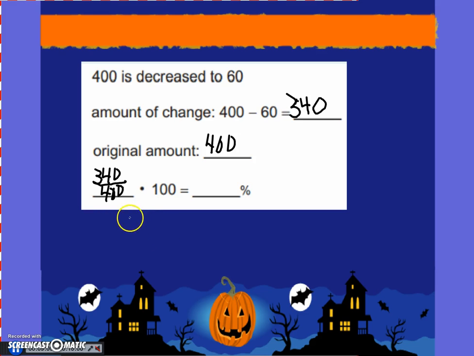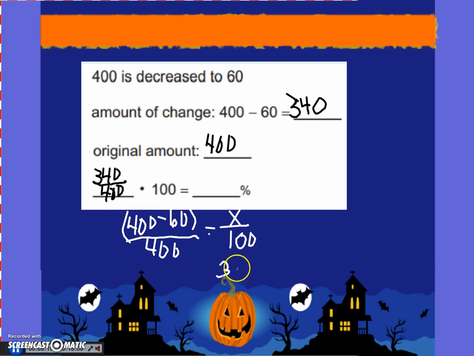So I want you to do 400 minus 60 over the original amount equals x over 100. Okay, so 400 minus 60, we already said was 340. 340 times 100 is 34,000. 34,000 divided by 400. It's going to get me 85%.